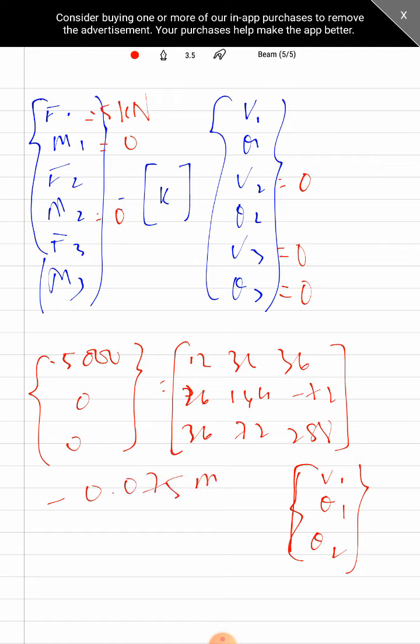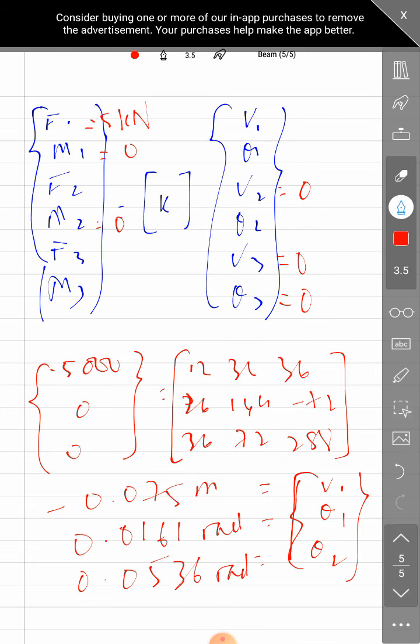Your theta 1 is 0.0161 radian, and theta 2 is 0.0536 radian. Okay, all right, so basically we are done.